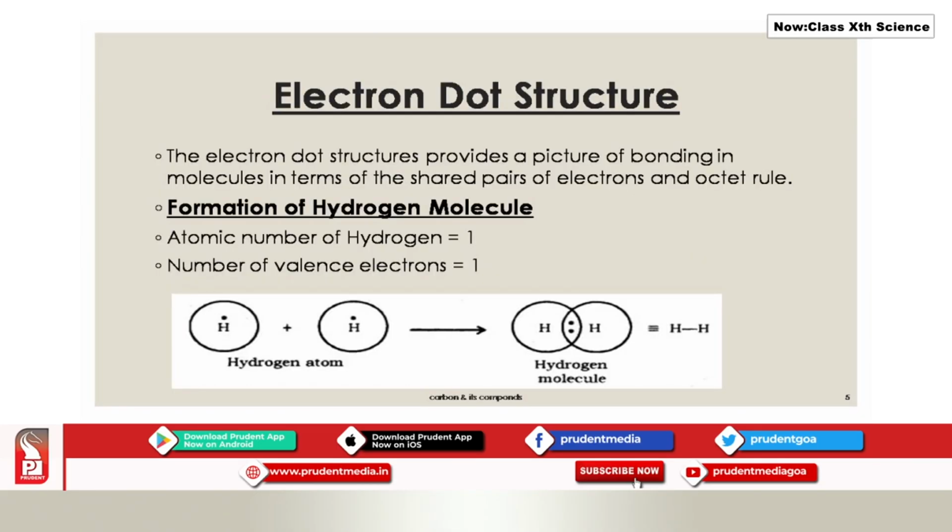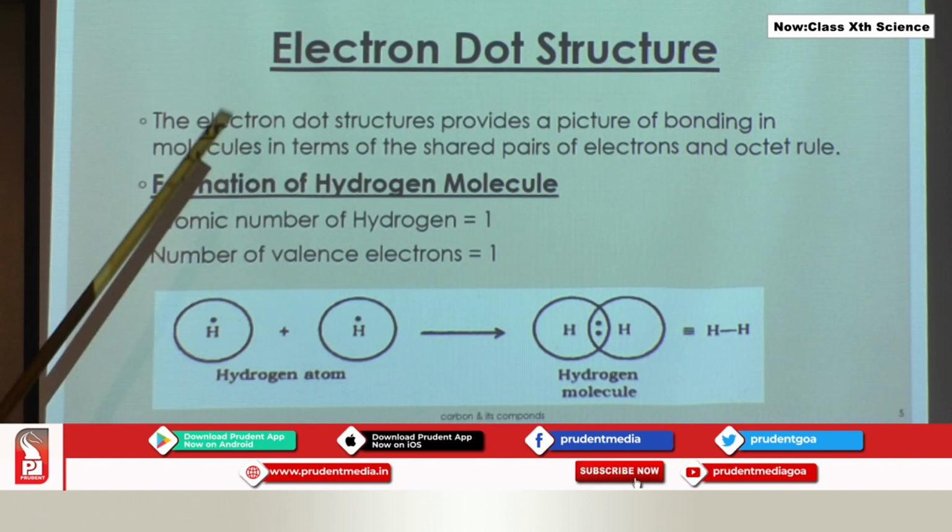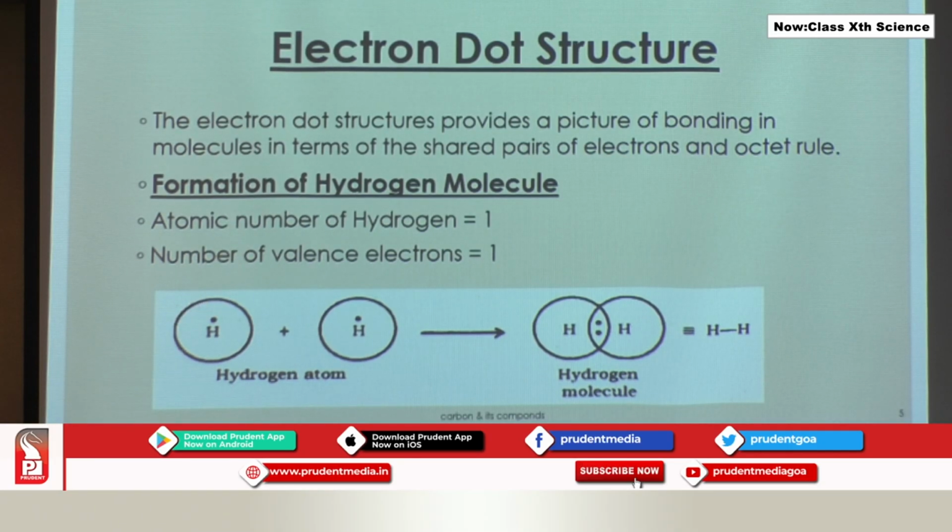Here is an example of formation of hydrogen molecule. What is the atomic number of hydrogen? Atomic number of hydrogen is 1. How many electrons are present in hydrogen? There is 1 electron. So you can see, students, over here the dot represents an electron. So basically the electron dot structure is showing you how exactly covalent bonding occurs.